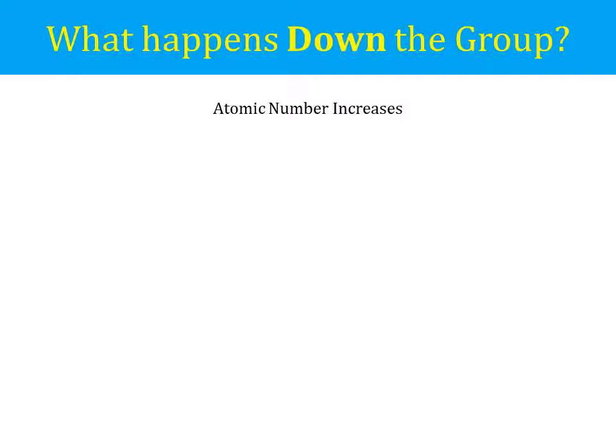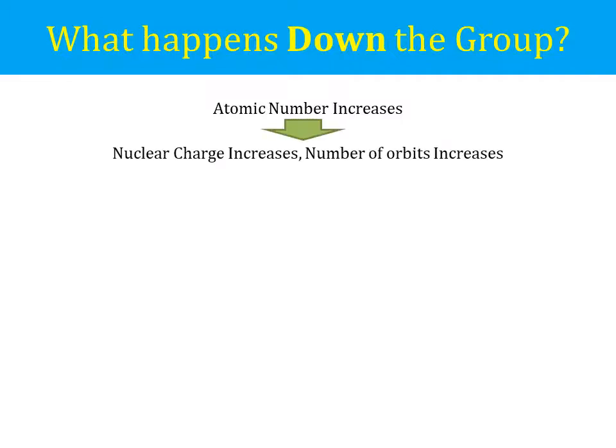If atomic number increases, what will we observe? Our observation is that nuclear charge increases and the number of orbits increases. Don't you think nuclear charge increases? It's obvious: if atomic number increases, the number of protons increases. And parallelly, the number of orbits increases, because the number of electrons will also increase.